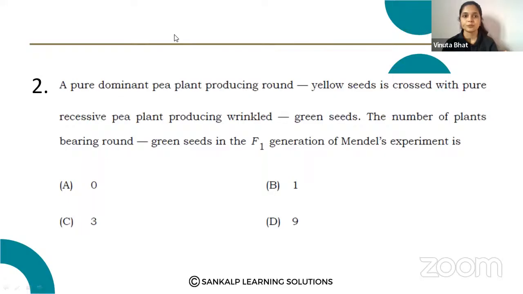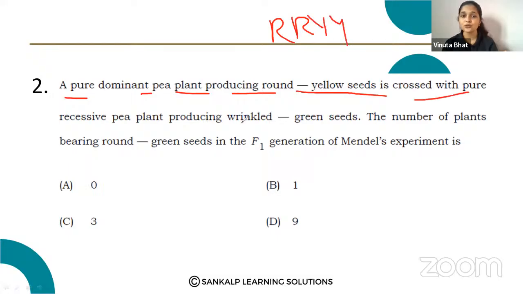Question number 2. A pure dominant plant producing round yellow seeds is crossed with a pure recessive pea plant producing wrinkled green seeds. I will write the wrinkled green seeds like this: small r, small r, small y, small y.